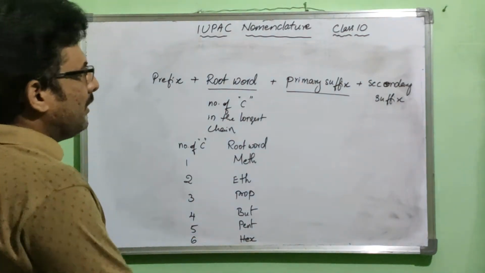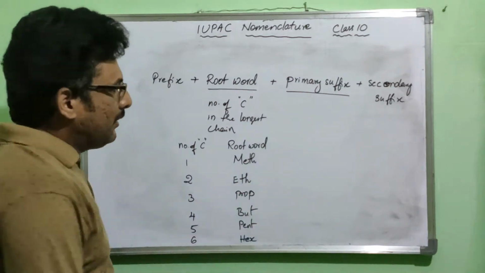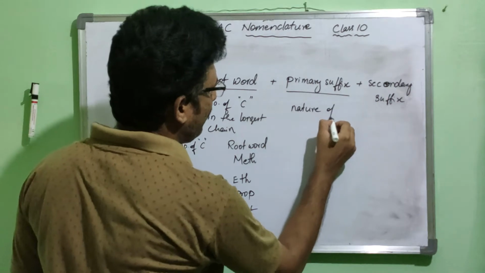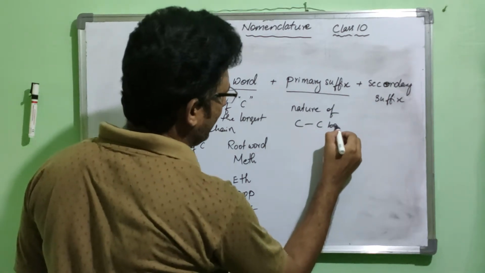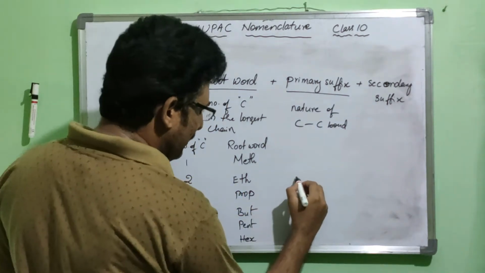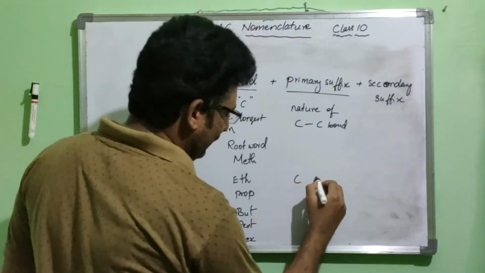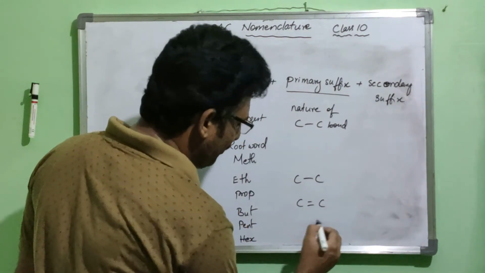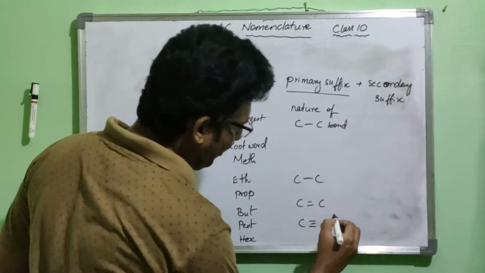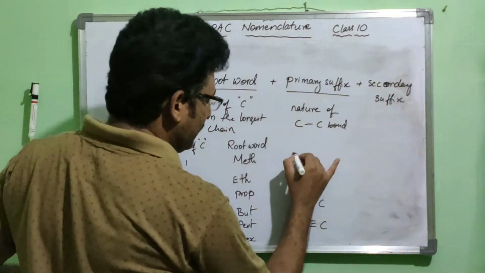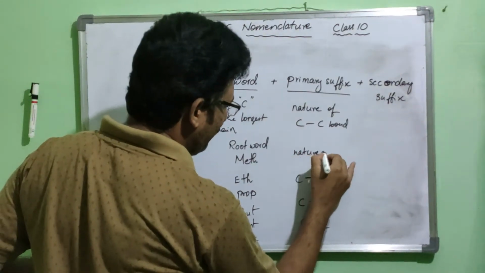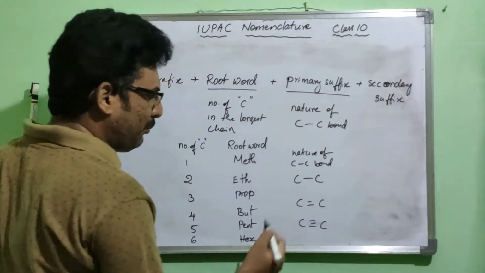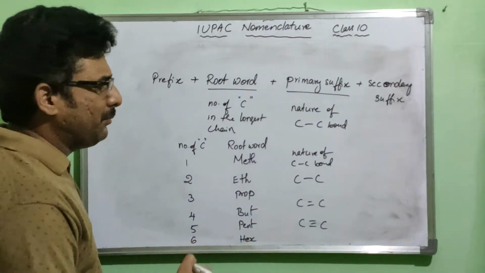Coming to the primary suffix. This primary suffix indicates the nature of the carbon-carbon bond, because the bonding between carbon atoms may be a single bond, a double bond, or a triple bond.